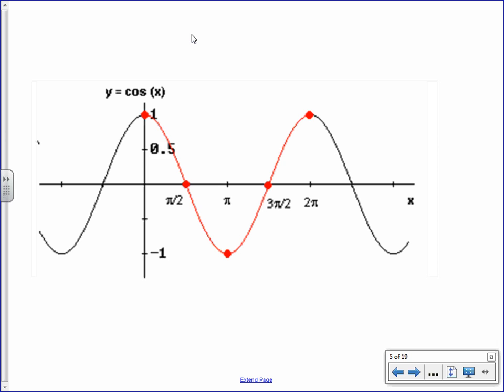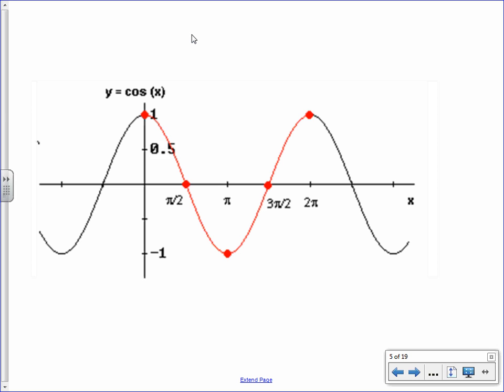Before we can start graphing these, we need some vocabulary. These graphs are much different than anything else we've graphed before. Do you agree? I want you to notice that first of all, the x-axis has been angle measures.